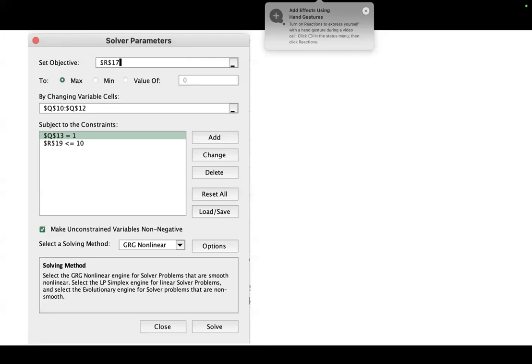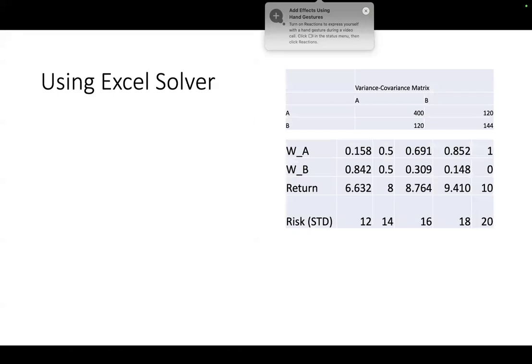And we are going to do it over and over again, like 5 times, 6 times, to get that upward sloping curve. It's a beautiful curve. And so that R19 is the risk of the portfolio. We want to keep it equal or less than 10. We want to maximize R17. That's the return of the portfolio.